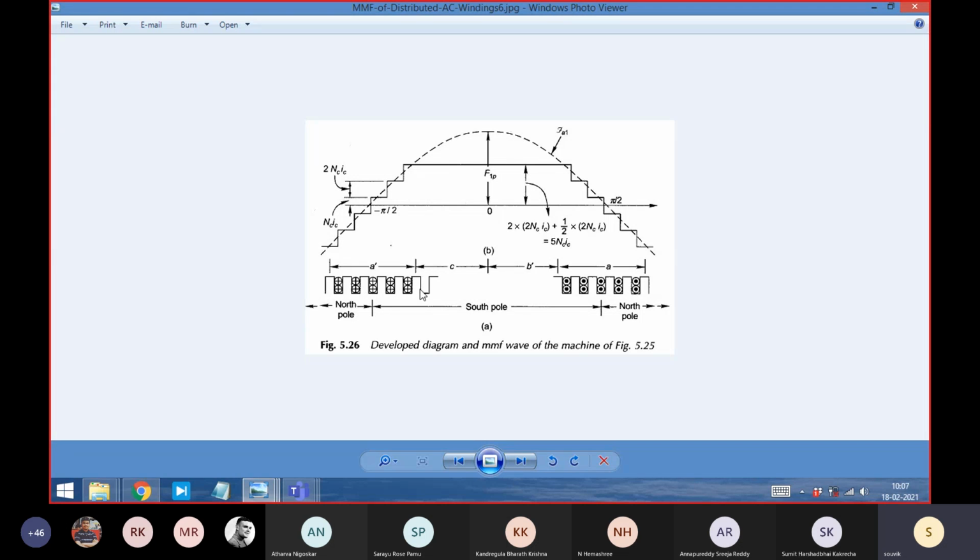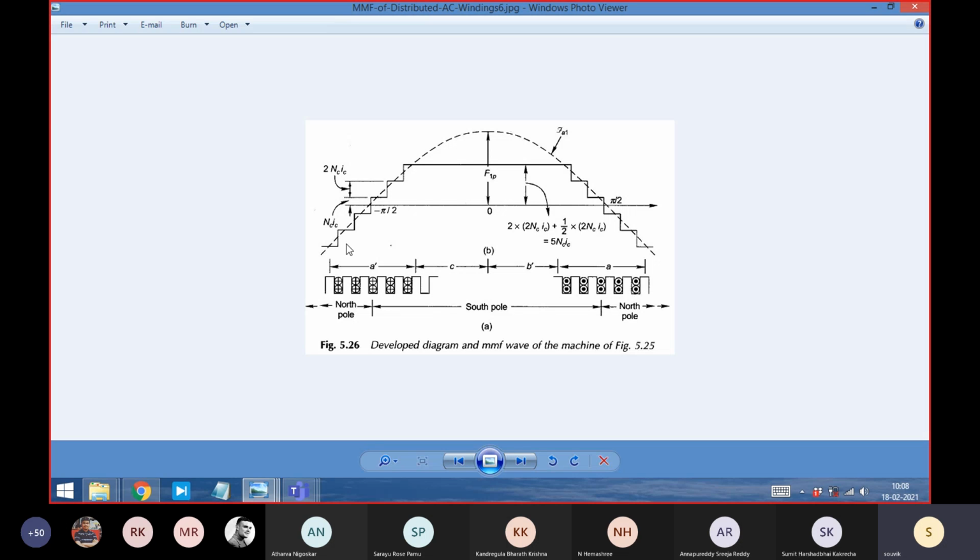Then I wanted to show you this picture that I was referring to yesterday. If you take the A coil, this is A coil dot, A coil cross. Every time a current passes through a conductor, it creates an MMF in the air gap of the number of turns in that slot times the current. Current is the instantaneous current.